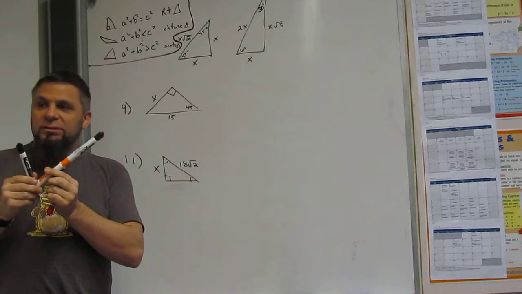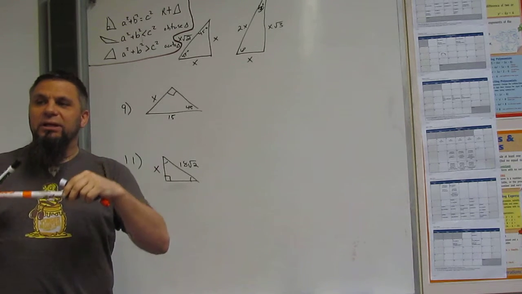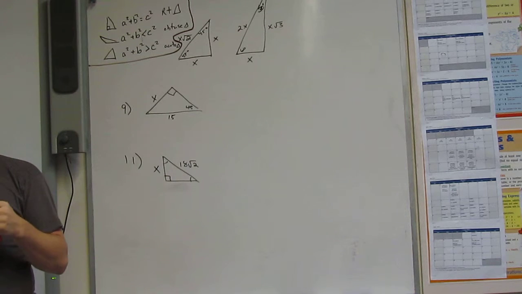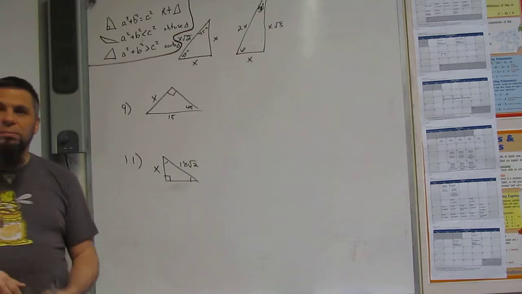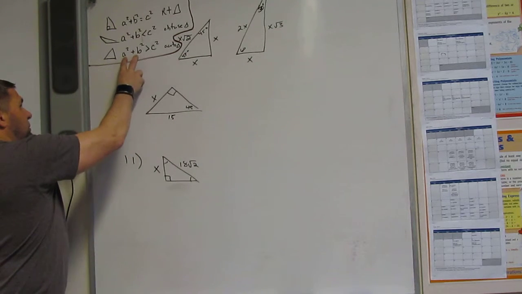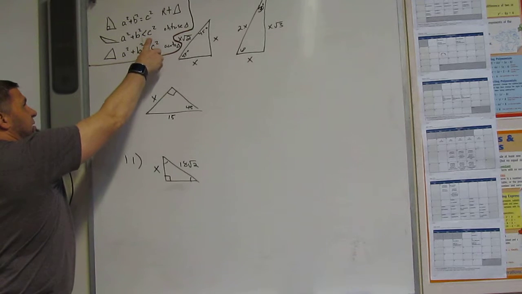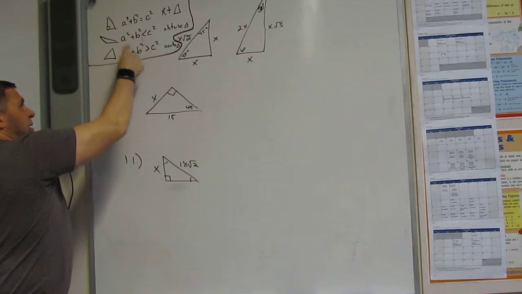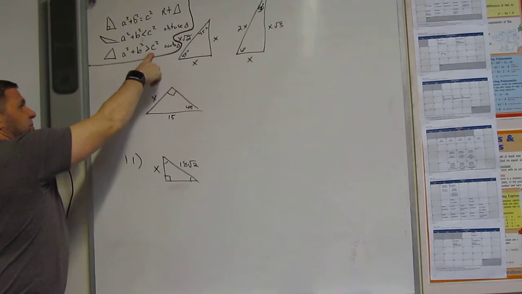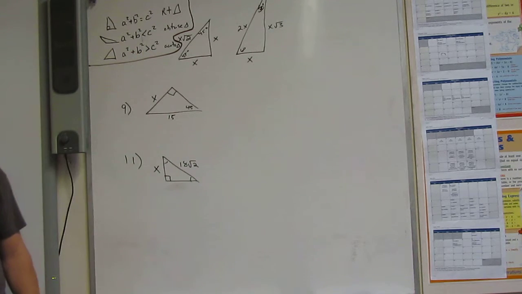So this side cannot be acute with anything less than 1. It won't work. So C has to be less than the sum of these two, and for it to be acute, it cannot be less than the difference of the two smaller sides. Okay? And that's it for yesterday's stuff.